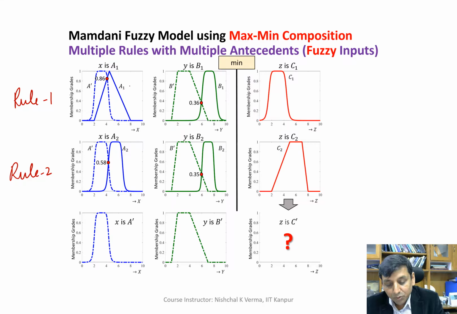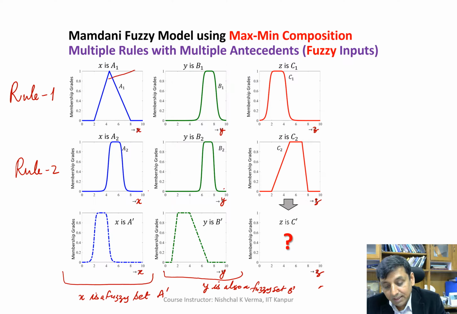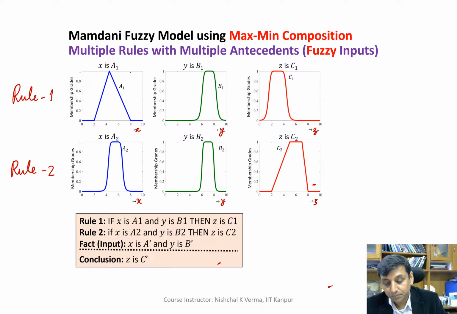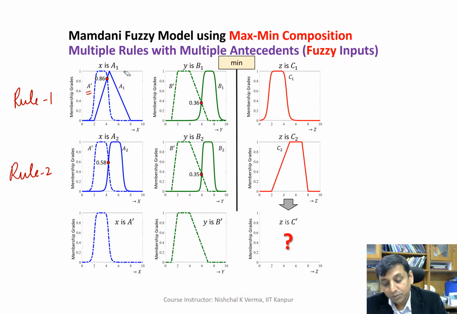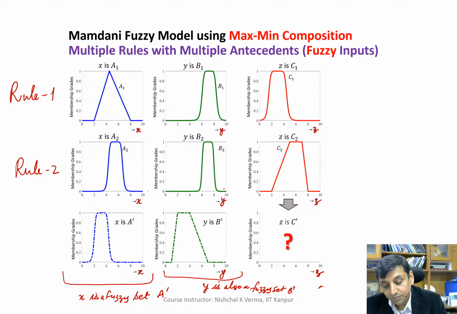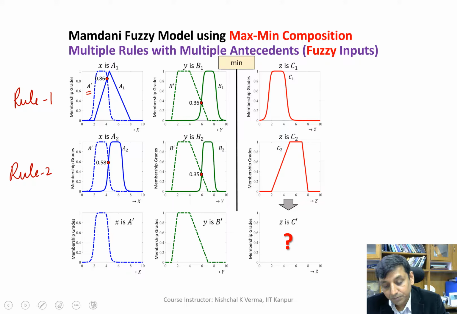A dash is superimposed on A1, B dash is superimposed on B1, and we are getting here the w1. Here also we are getting the point of intersection as w1.